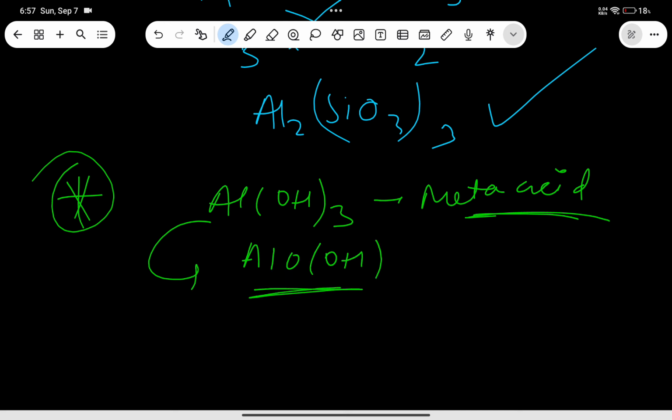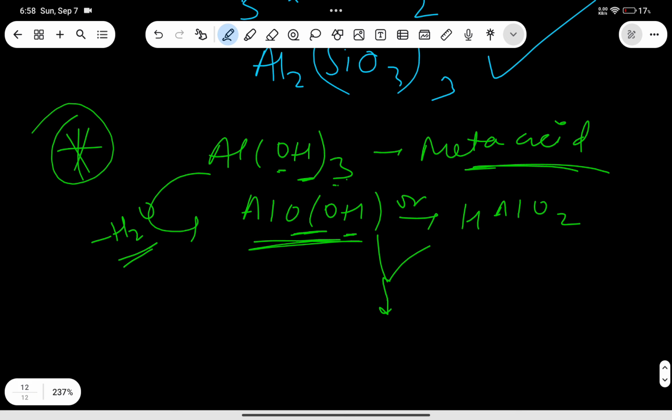I'll tell you how it is formed by just removing H2O. If two of the three OH groups are removed, only one H will be left. So this is sometimes written like this, or like this, and both of them are called meta aluminate.